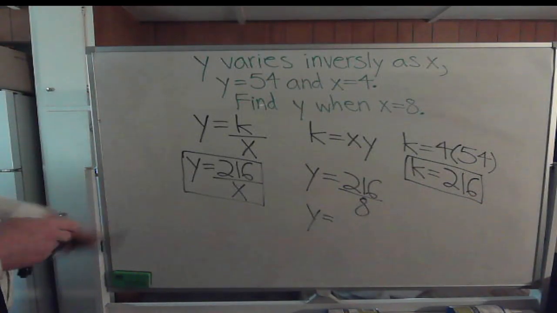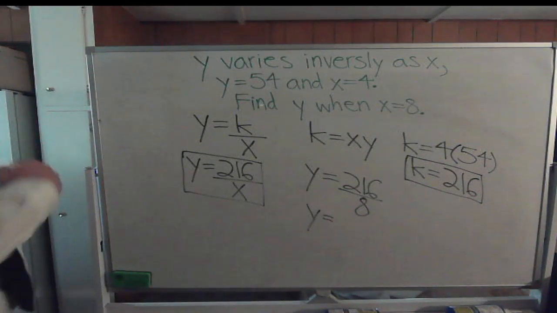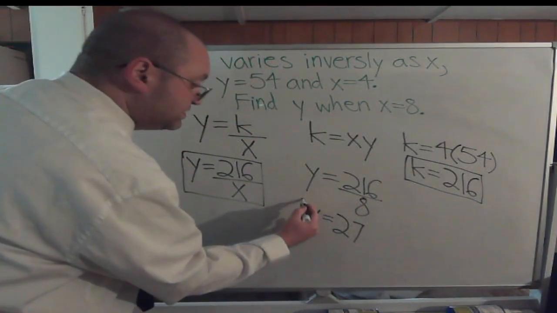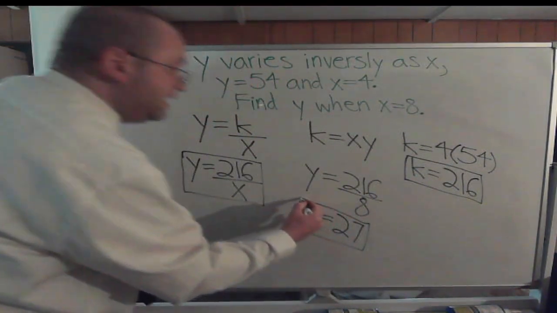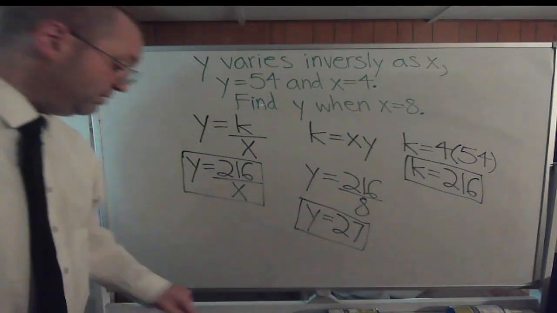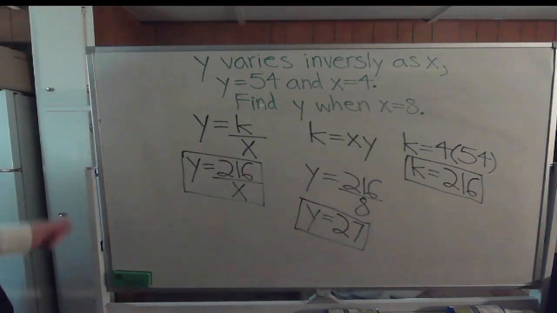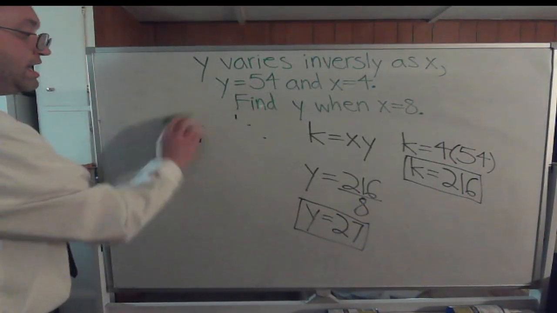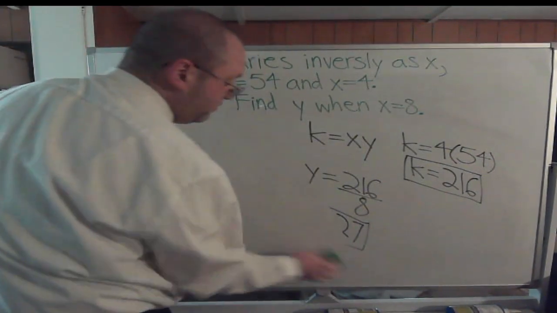That gives me 27. So when x equals 8, I get a y value of 27. So that would be the answer. Y would equal 27. And I do have more. I got plenty more where that came from.